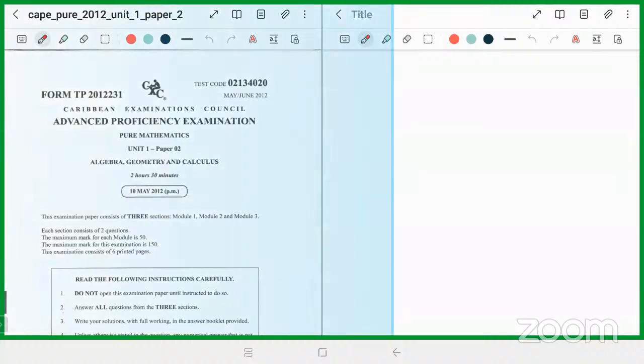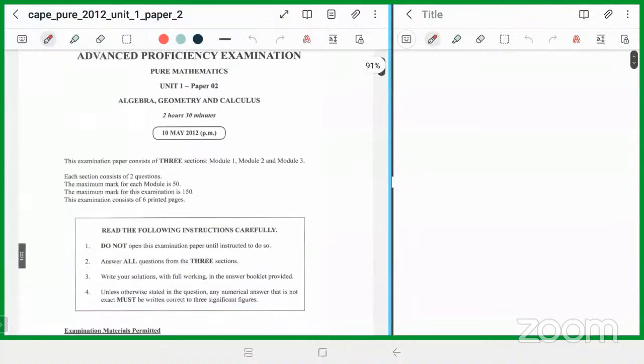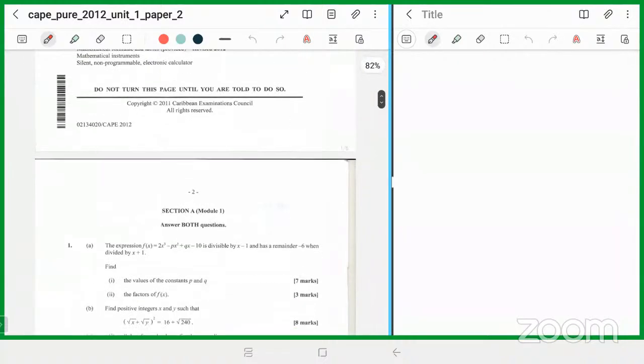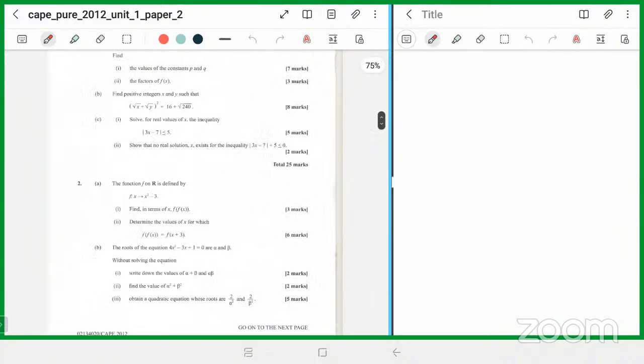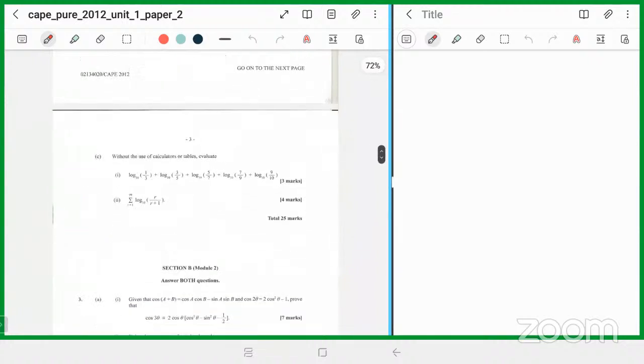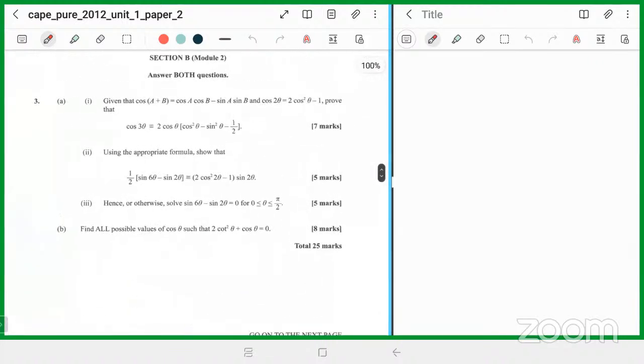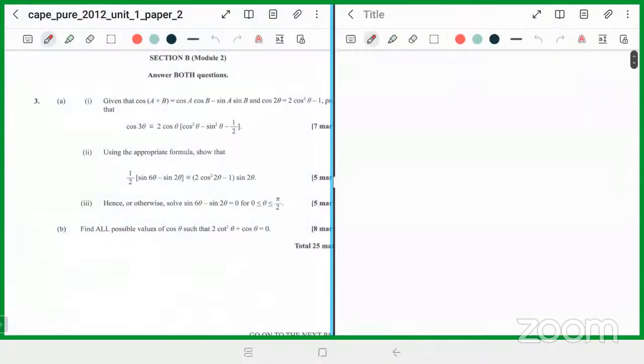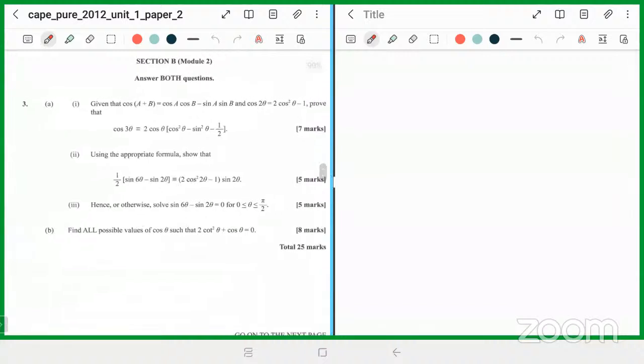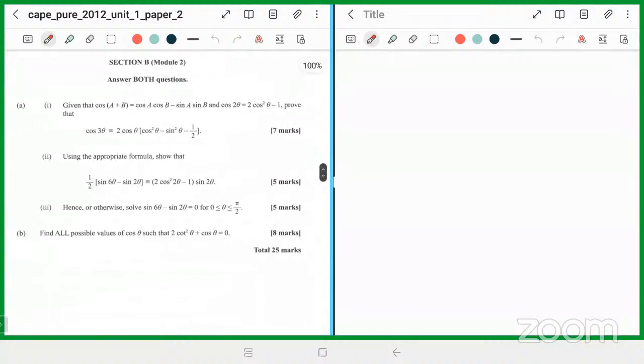All right. Which number? Number 3 on this 2012? Yes, sir. Number 3. This one. It's a trees question. We're going way back, so far back, 2012.